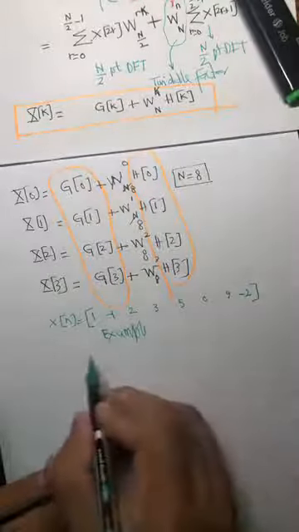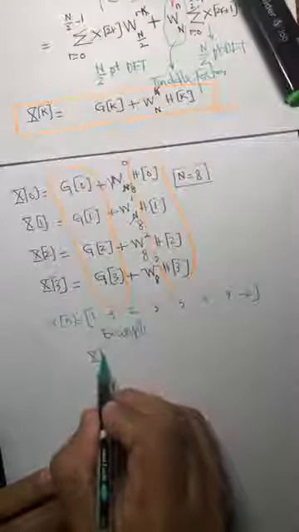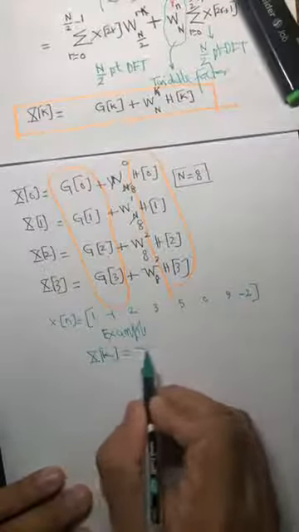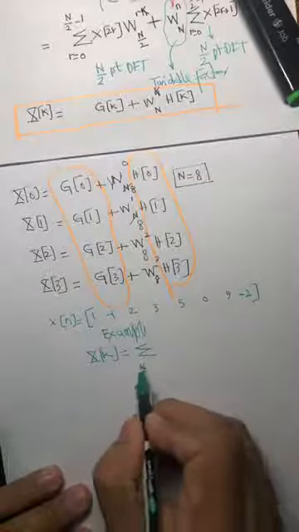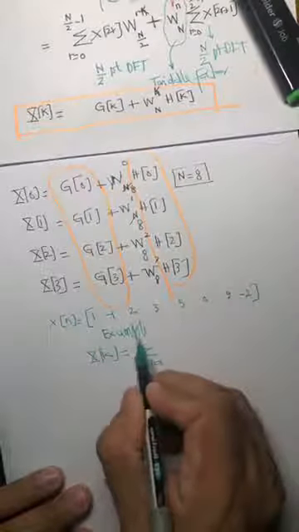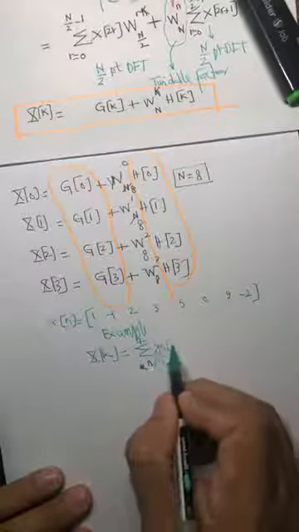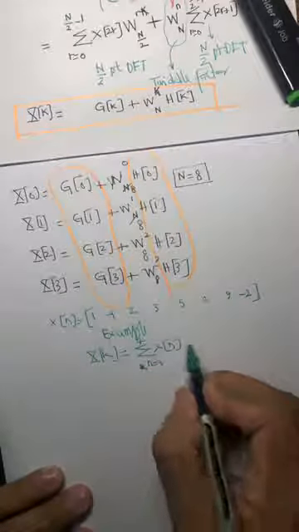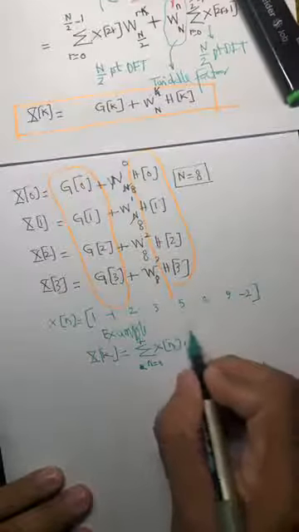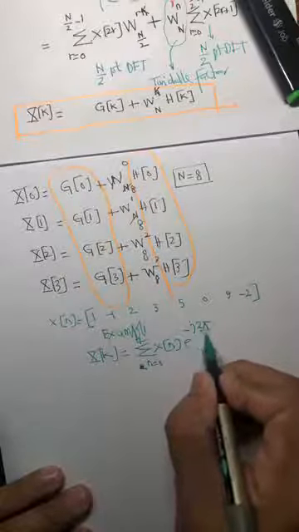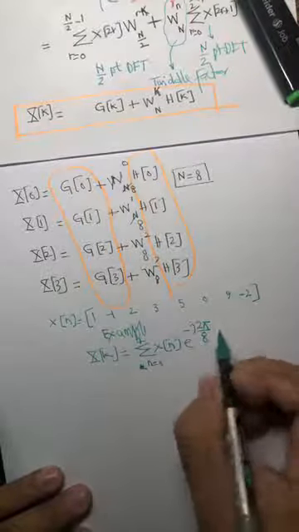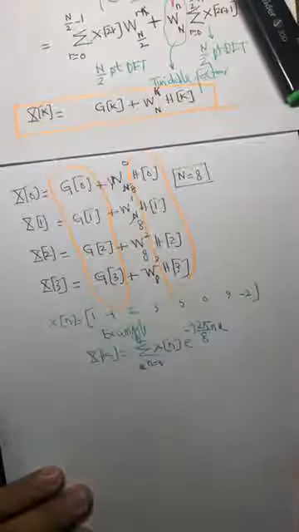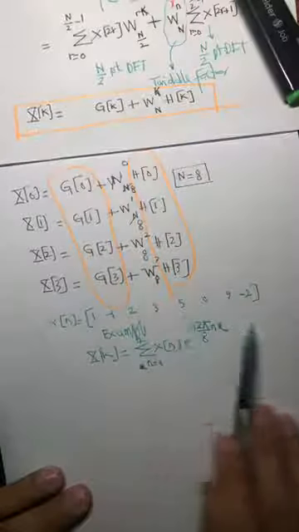One method is that you simply write this summation, n goes from 0 to 7, x of n, exponential minus j 2 pi by 8 n k. Okay, so put k is equal to 0, solve this summation.